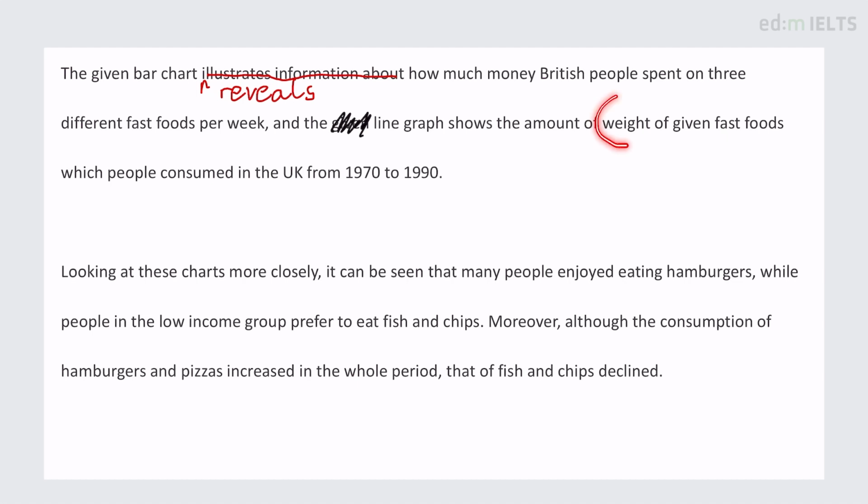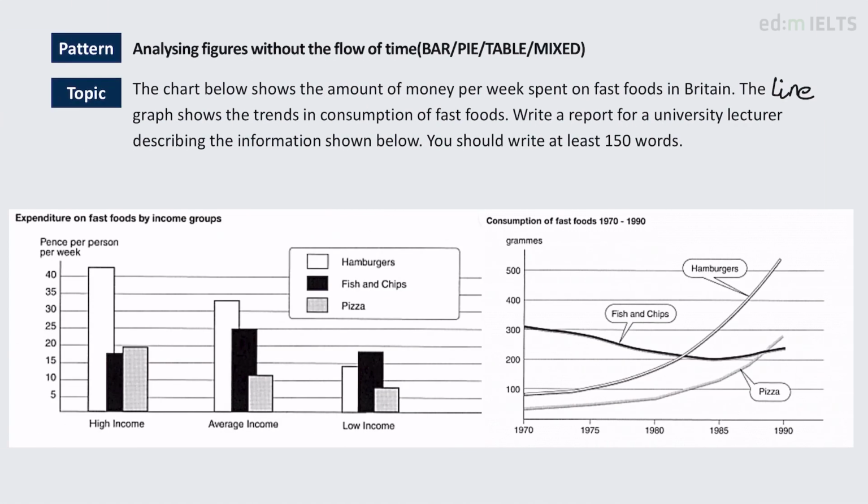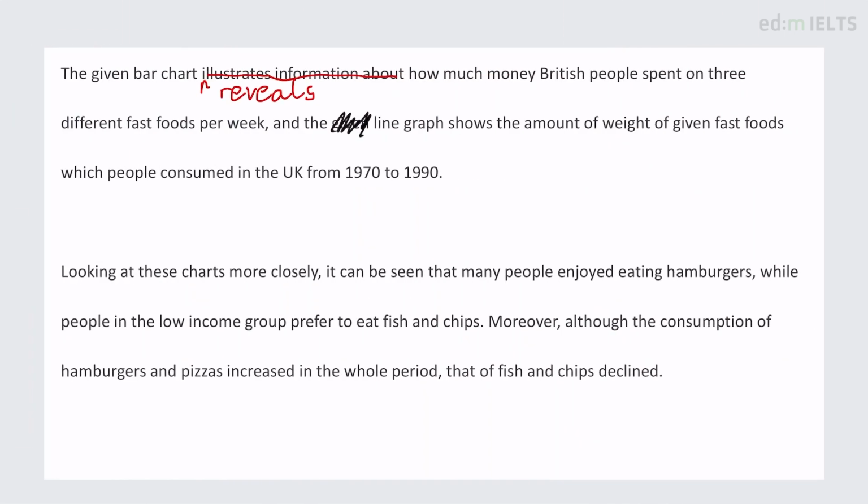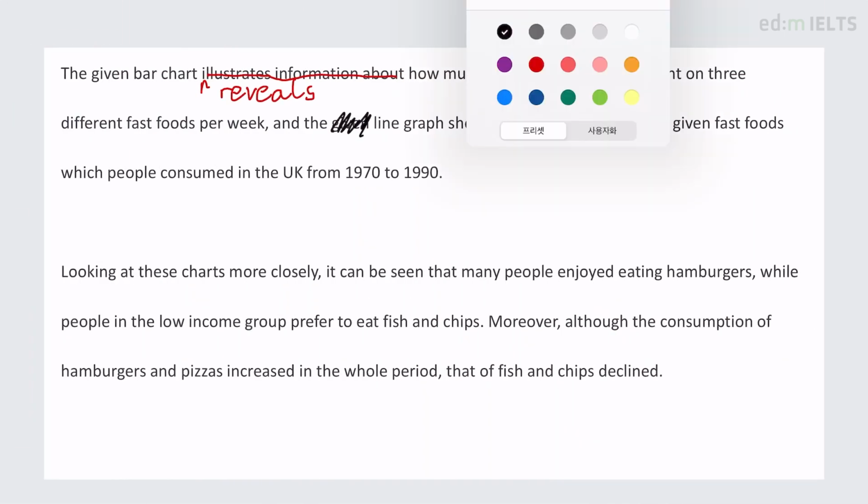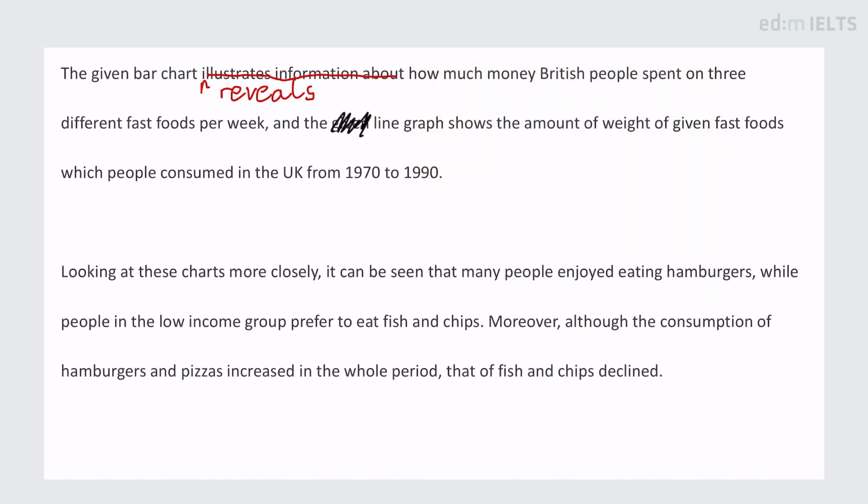Well, let's think about the unit first, the unit of measurement, I should say. It's grams, so grams we would say is mass, if you want to be exact. So I'm going to change this. Shows the average mass.